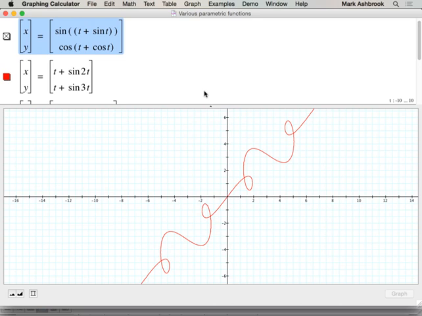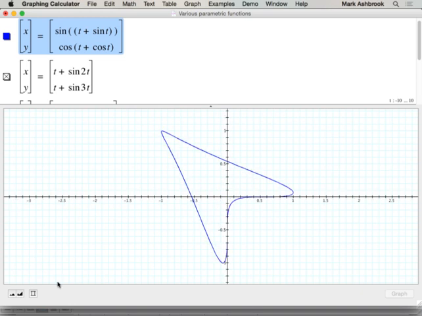X is t plus sine of 2t, and y is t plus sine of 3t. Those aren't that complicated, but then your curve is wild, right? Let's look at some others here. So that's the one up there. Reminds me of Star Trek.